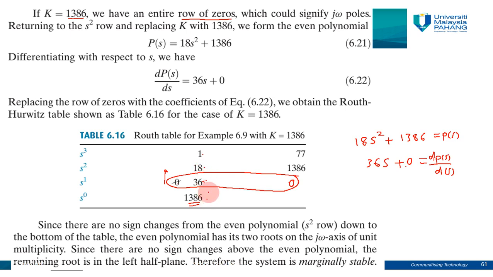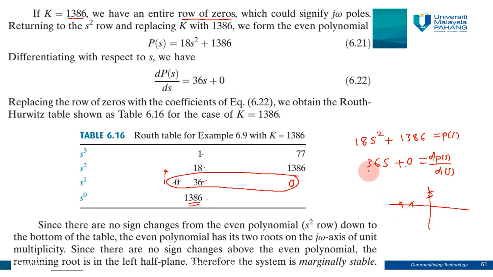So our system will become stable with two poles located. Since we have here the entire row of 0, it means that we have some poles located on the imaginary axis. If you have some poles on the imaginary axis, that means they are not on the right, so the system is still stable.